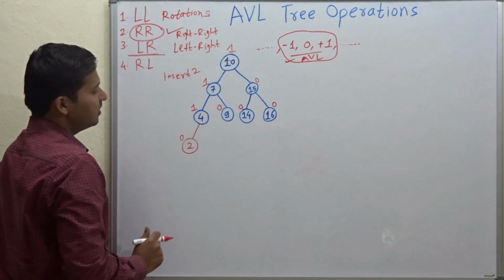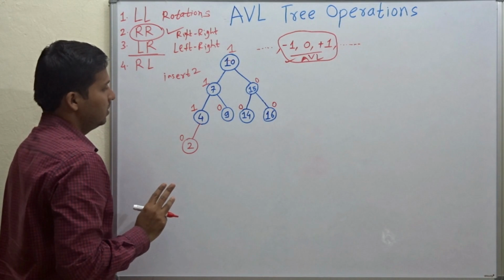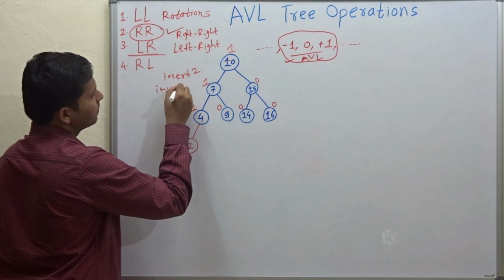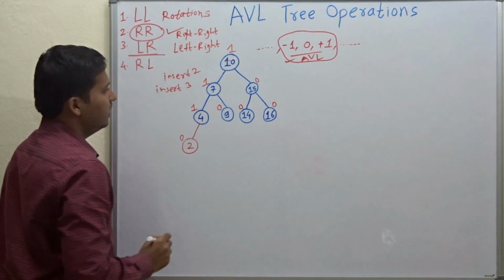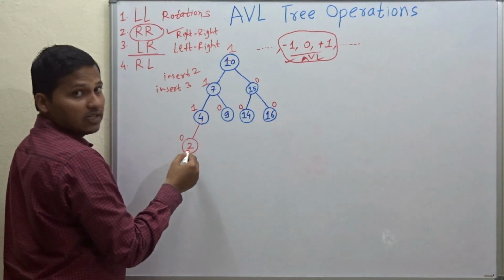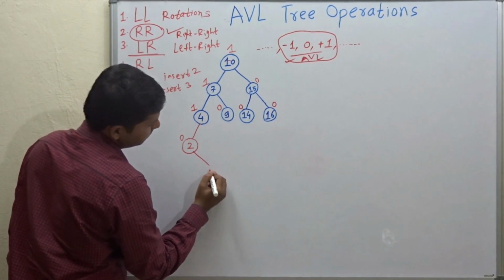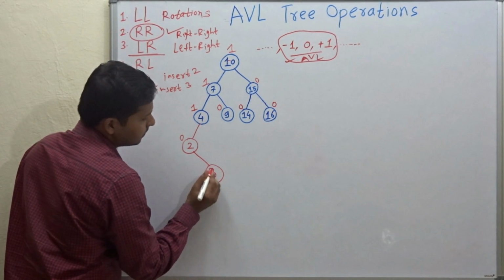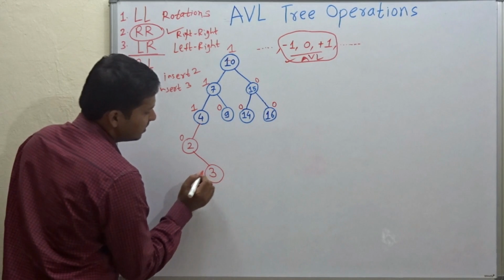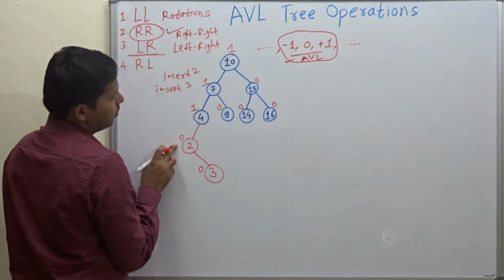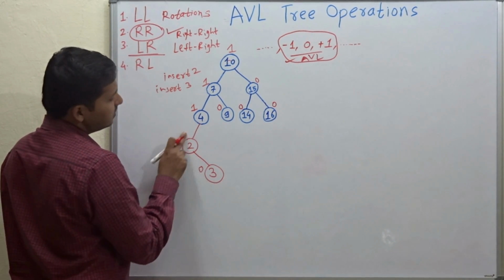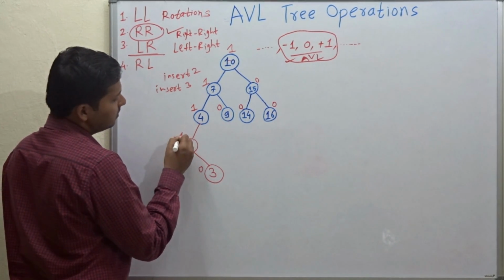Now let's insert 3 in this binary search tree. Okay. So 3 is less than 10, less than 7, less than 4 but greater than 2. Okay. Now let's check the balance factors. For 3 the balance factor is 0. For 2 it is 0 minus 1, so that is minus 1.